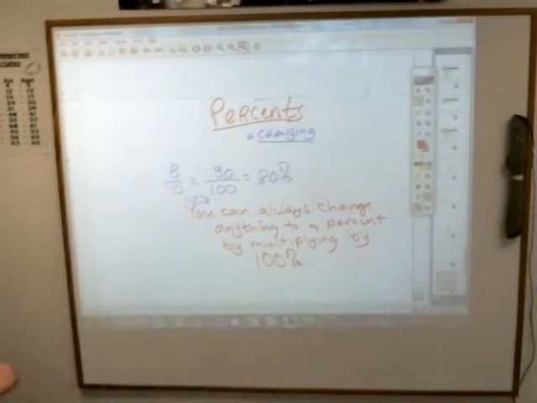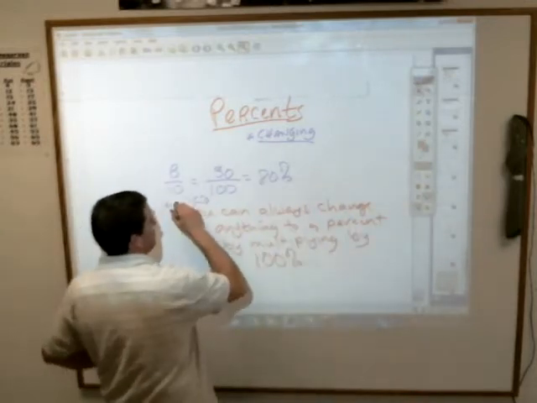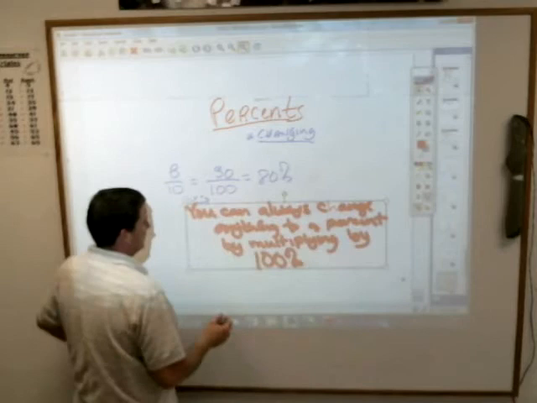Now that's not always the easiest way, it's not always the quickest way, but it is a way that will always work. So if you ever get lost or confused, you can do that.